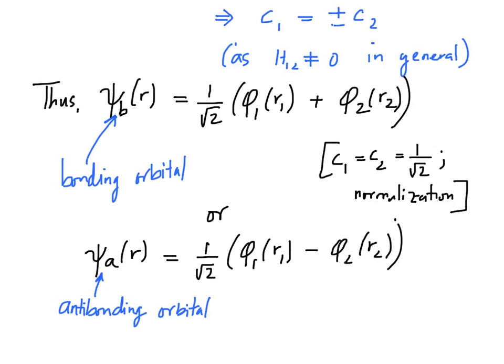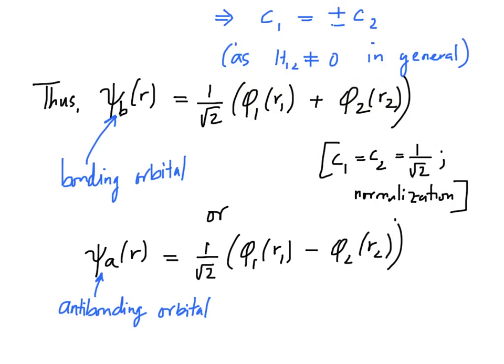They are the linear combination of our atomic orbitals, and they have both been normalized, and these two orbitals have special features, which is why we have tacked on these indices B and A, B standing for bonding, A standing for anti-bonding.